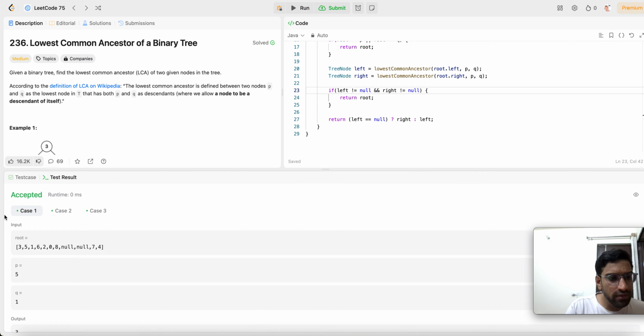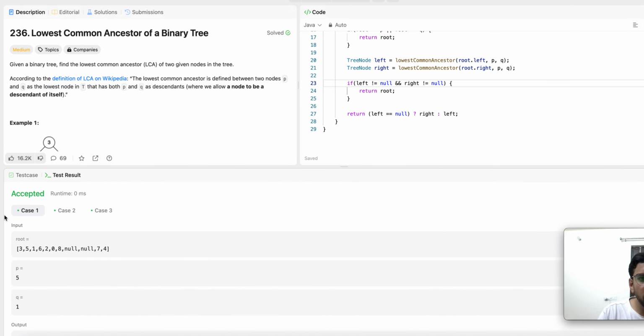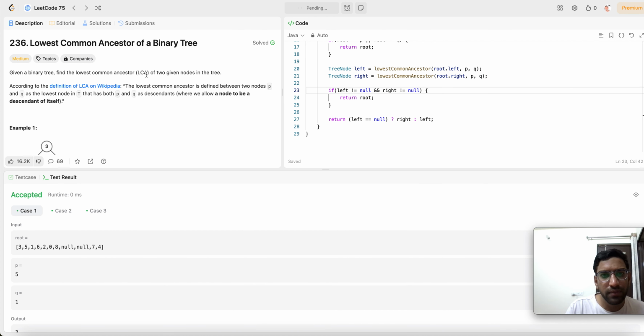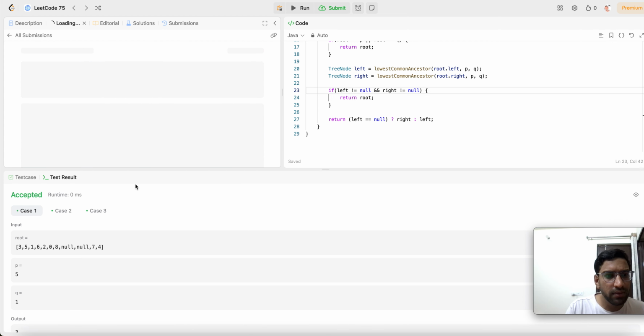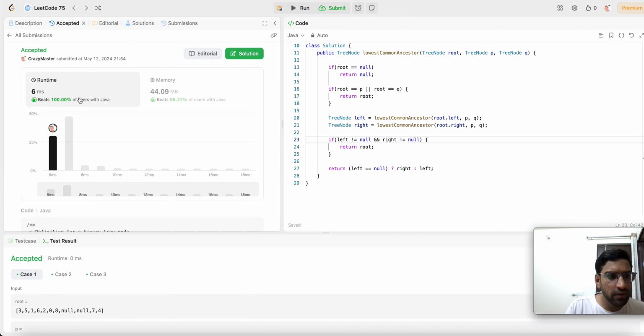Okay, so our test case is working. Now let's submit the solution. Yeah, so our solution is also working.